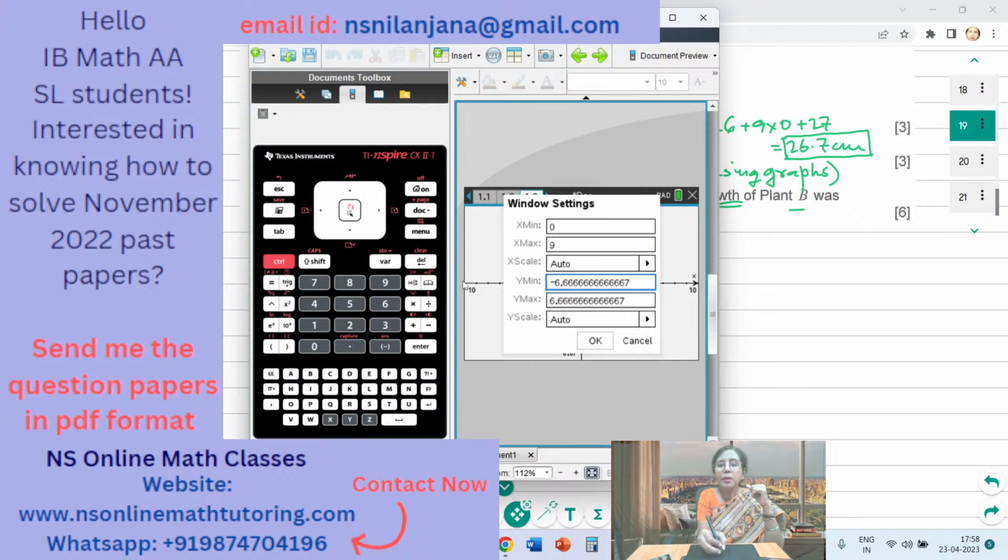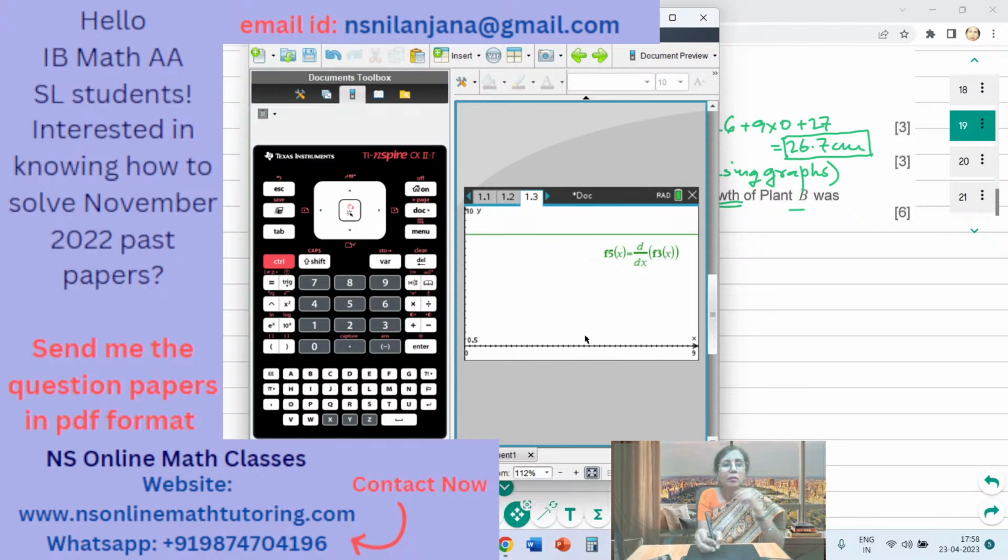This one can be -1, and this has to be at least, let me take 10. Now I have got at least one of them. So I have to get the other as well.